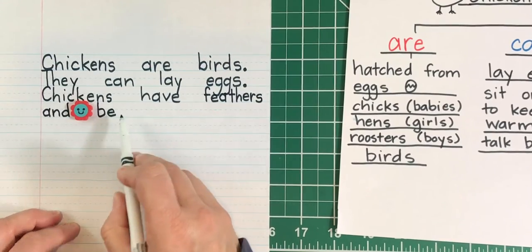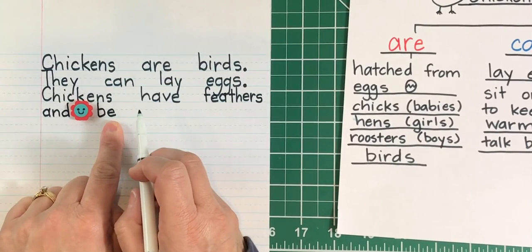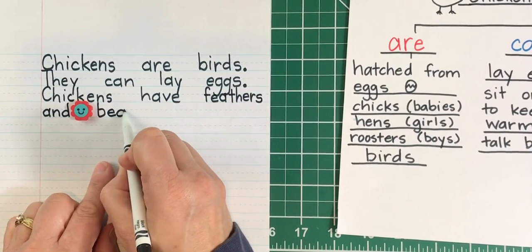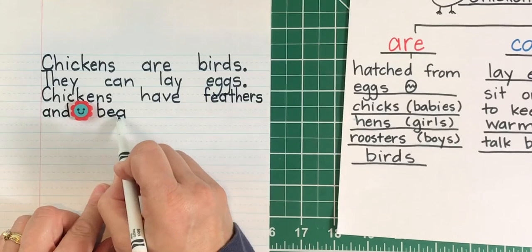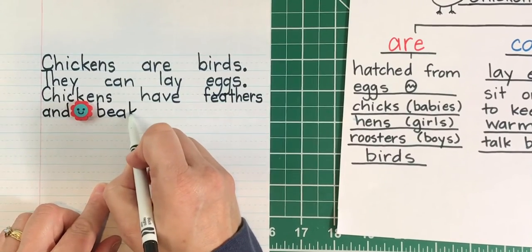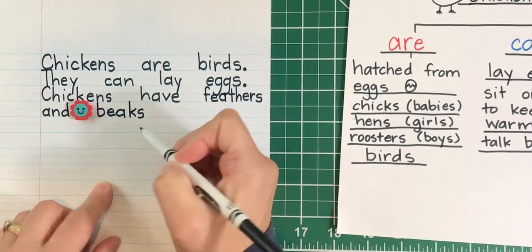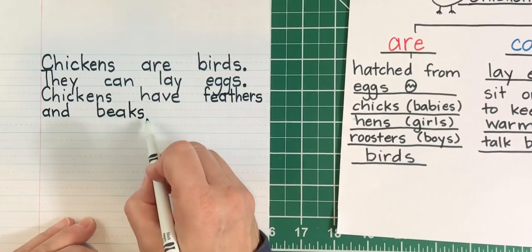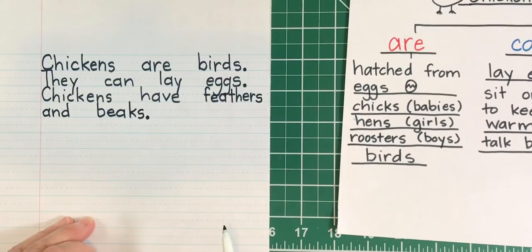B-E. Ooh, how do I make that say E and not eh? In this word, it's going to be E-A to say E. B-E-K-S. Chickens have feathers and beaks. Now I'll put my period.